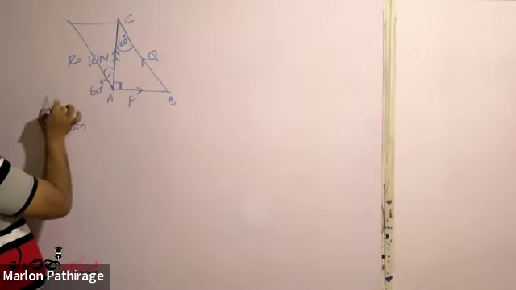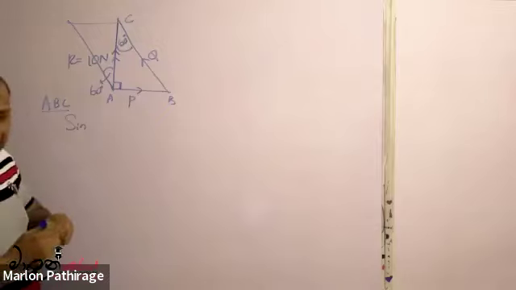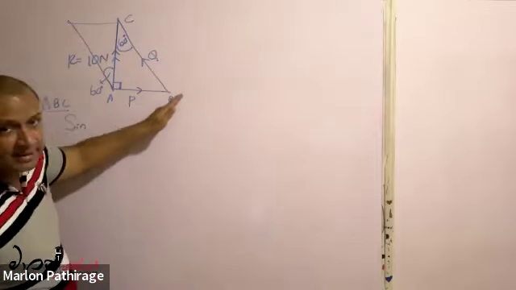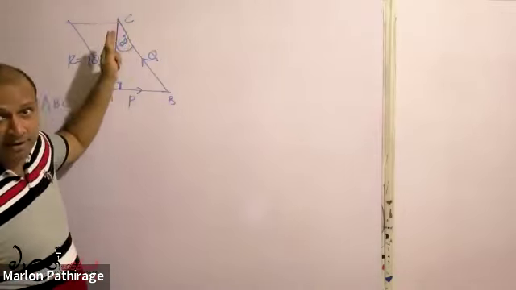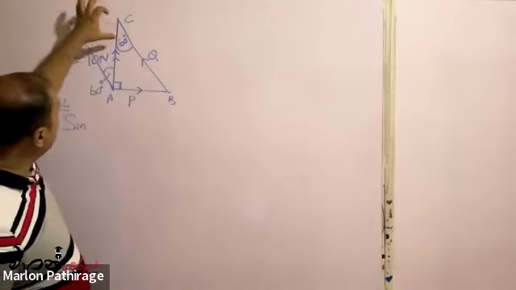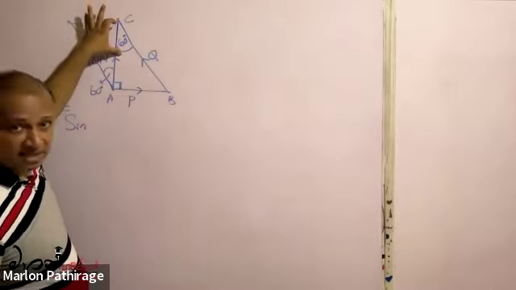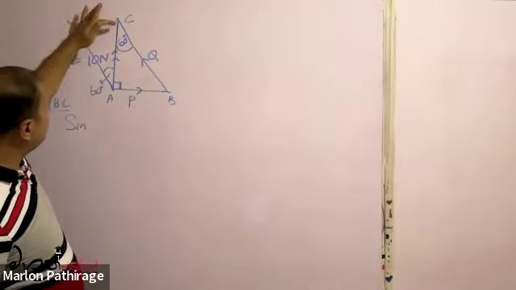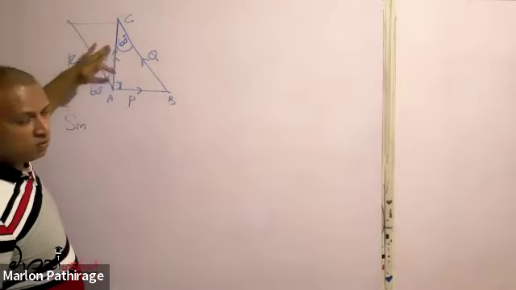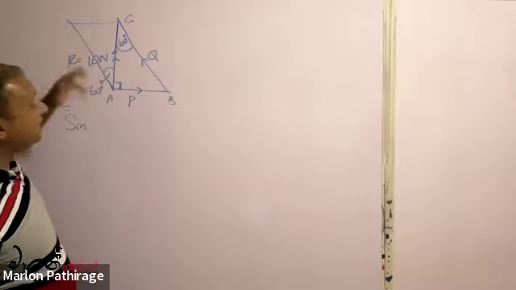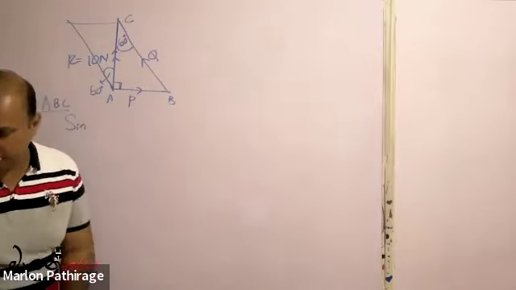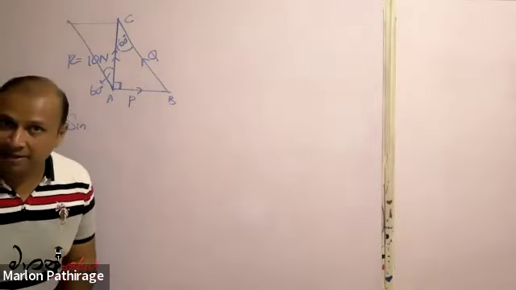Using ABC triangle, you know ABC is a right angle triangle. You know this angle is 60, and you also know this length. It is 10.